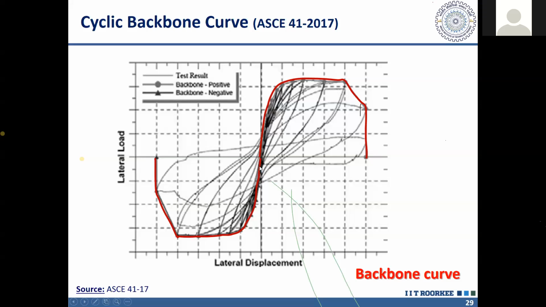If the structure was tested monotonically without the cyclic behavior, then you were expecting a behavior something like this, which will have slightly higher strength and much larger ductility. But because of the cyclic behavior, this curve will reduce in strength and in ductility. So we use this curve, which is obtained from the cyclic behavior.